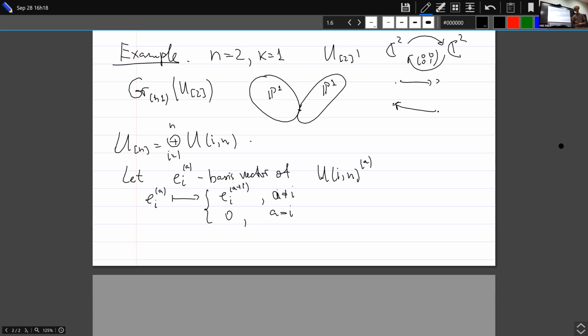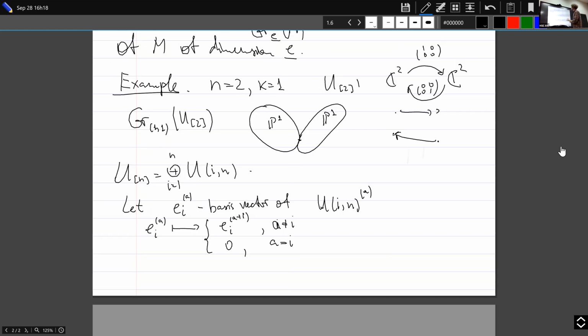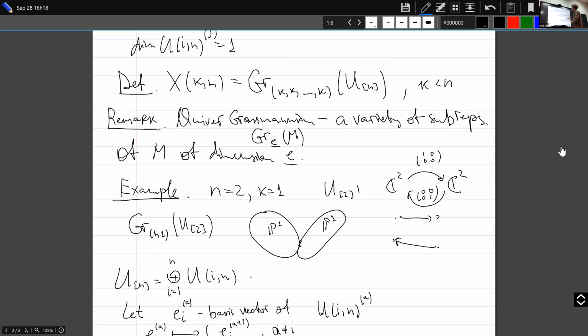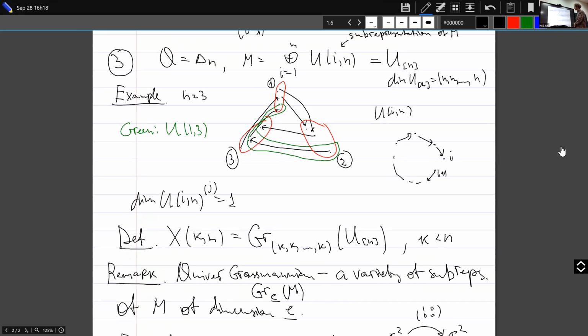So this is a sub-representation. Therefore, the i should be kept. It wasn't really clear from the previous picture for n equals 3. That's what I'm confused about. Yes, sometimes it looks like the number is not preserved. It is not always clear what the enumeration is in each of them.